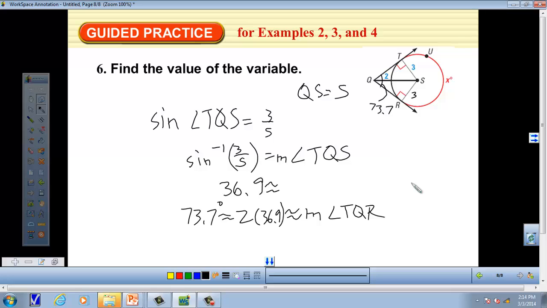So now, I don't know how I'm going to fit this in, but what I'm going to do is I'm going to actually call this X. That's fine.